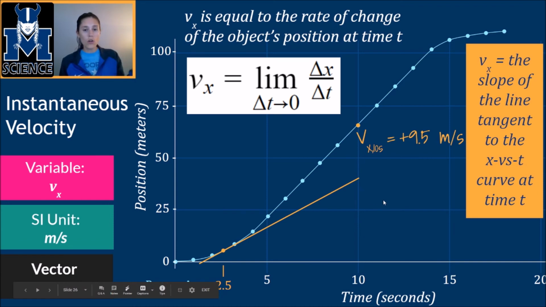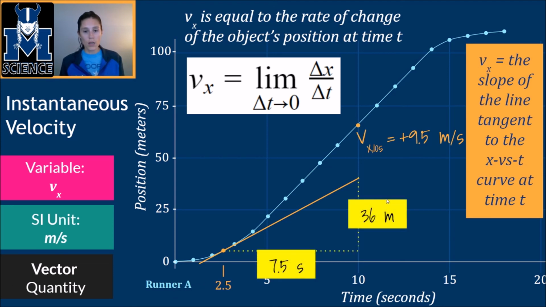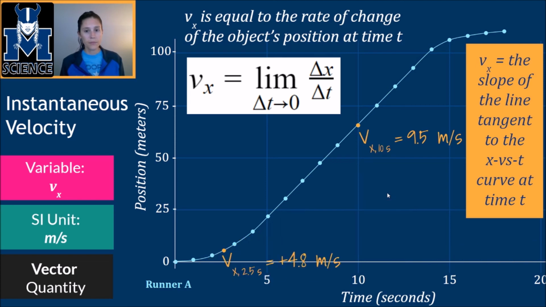Once we draw that tangent line, or once we know the equation for that tangent line, we can find the slope of that tangent line. In this case, it's 36 divided by 7.5 seconds to give us a velocity of plus 4.8 meters per second. Great. We could actually do this for any time point on this graph.